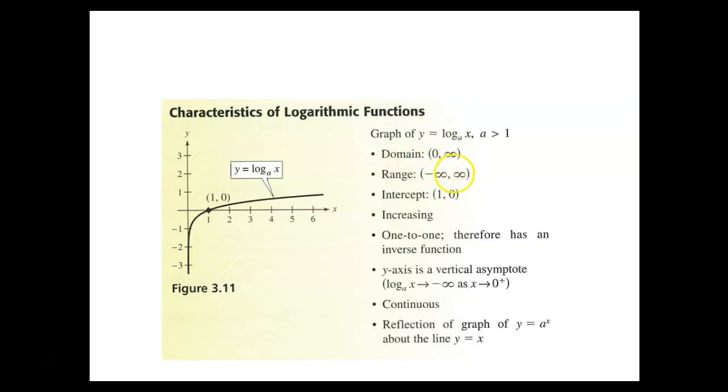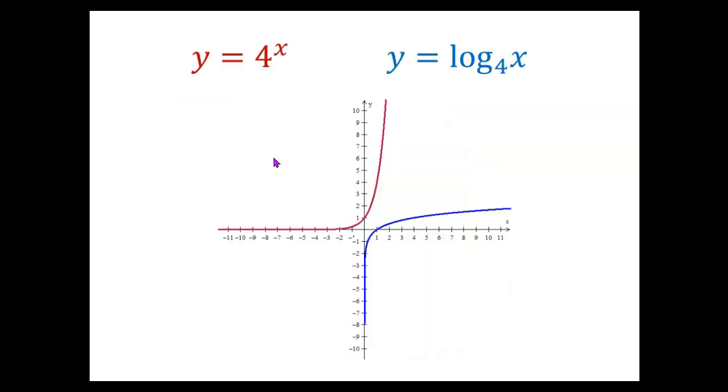That means it's only the positive numbers. You can only have the logarithm of a positive number because the result of taking 4 or any other number to a power is always going to be a positive number. So log is only defined for positive numbers.